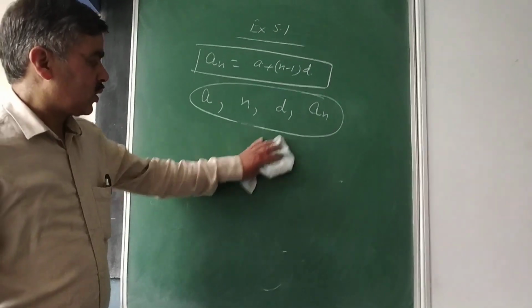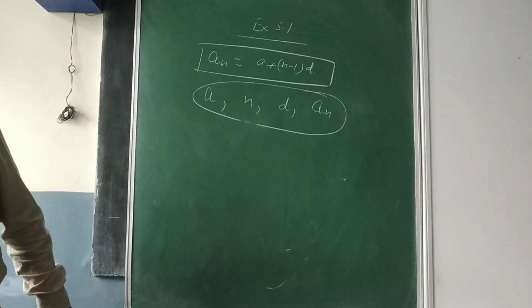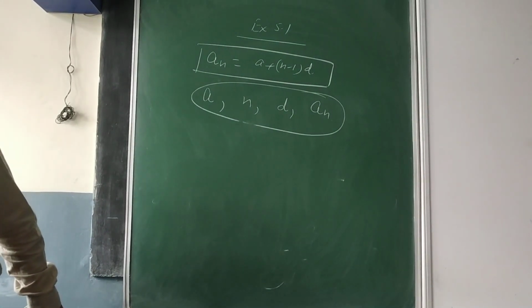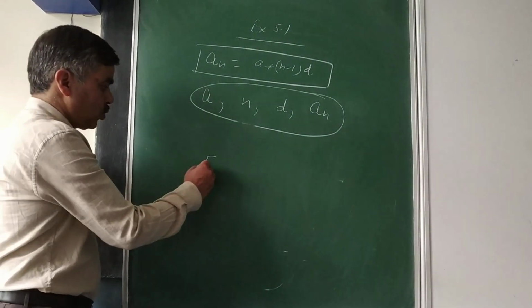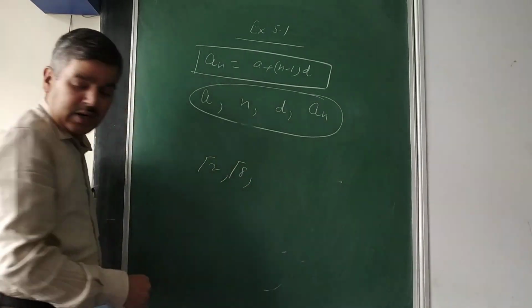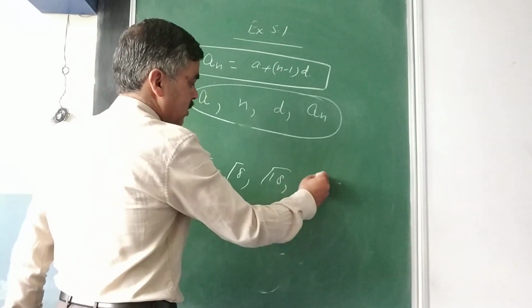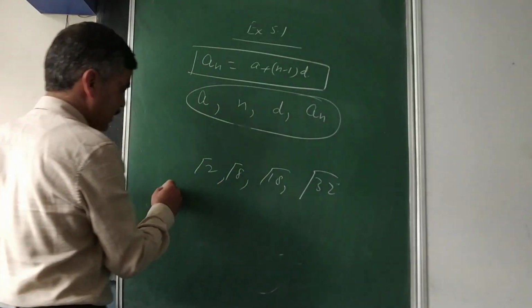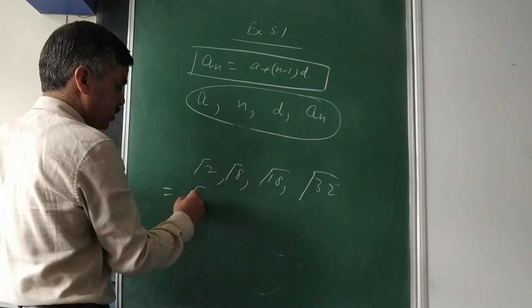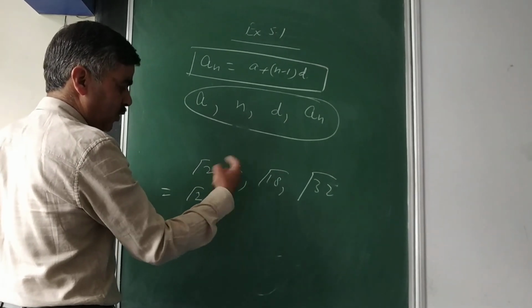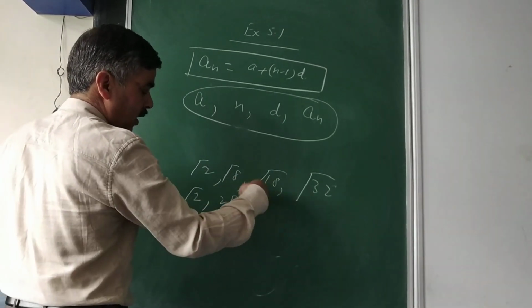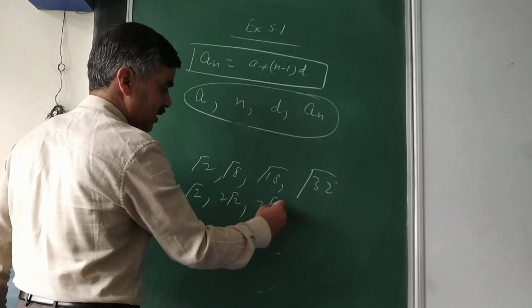Similarly, one more I would like to share with you, that is part number 12. This is root 2, root 8, then root 18 and root 32. So it is better to use this as a pure surd and this as a mixed surd. 4 into 2 means 2 root 2. 18 means 9 into 2 means 3 root 2.